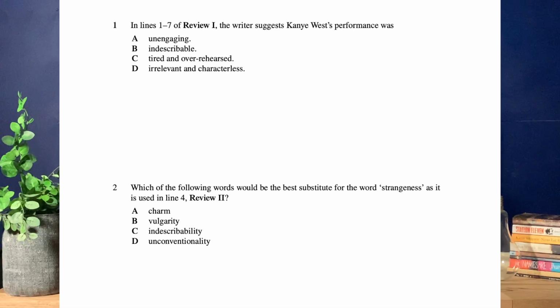And so if we're thinking about strangeness in the context in which it's presented in that passage, the idea is that we go to these concerts to see these people that are far different from us, that are distanced from our humdrum existence. And if we're thinking of this humdrum existence meaning an everyday conventional way of living, I would say that D would be the answer that would suit best.